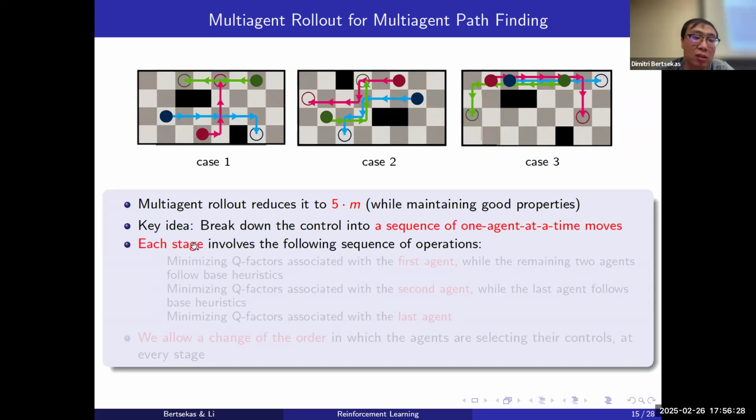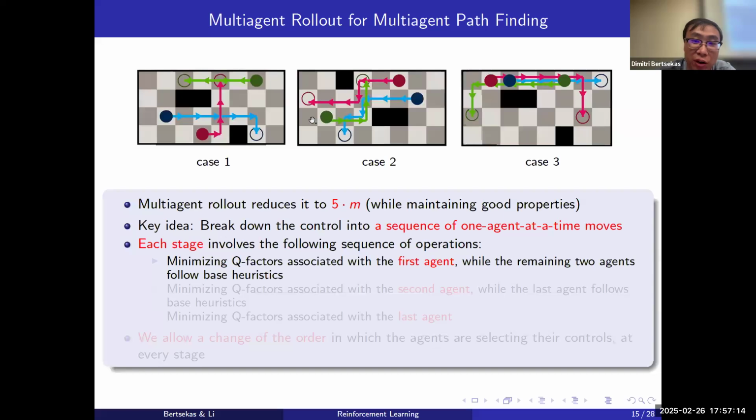And at each stage, let's focus on this particular case as an example. Suppose this is agent 1, this is agent 2, and this is agent 3. Let's focus on this case 2. Here it is more crowded, so it seems obvious that it's going to run into some collision. Starting from the current position, it first minimizes the Q factor associated with the first agent, whereas agent 2 and agent 3 follow the base heuristic.